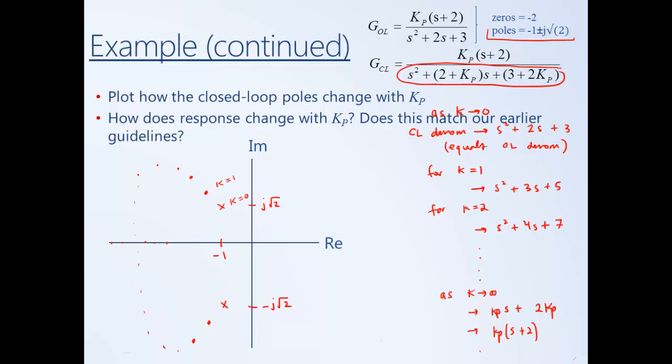So this picture that we've drawn by plotting each of the points shows all the possible closed loop pole locations for k varied from 0 to infinity. And if we kind of connect the dots, we can see those possible locations pretty clearly.